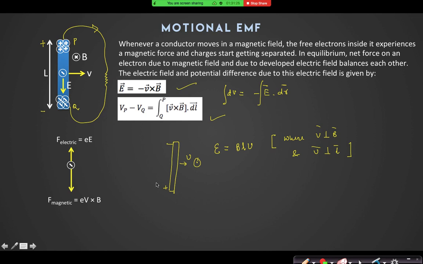This method you will use to find the polarity, otherwise the mathematical calculation is lengthy and confusing. Sometimes you can make mistakes because of the cross product, then dot product, everything. So just remember that EMF is equal to BLV, where B and V are perpendicular and L is also perpendicular to V vector. And I can find the direction of polarity, plus and minus, like this.